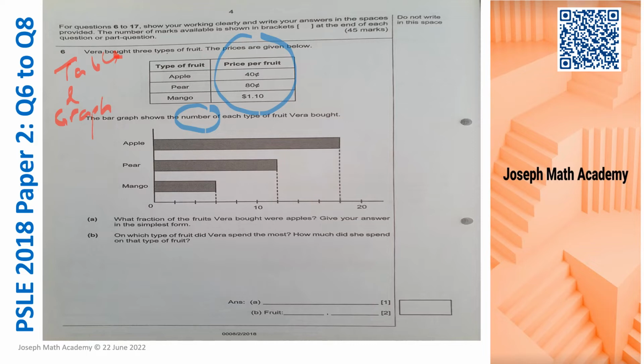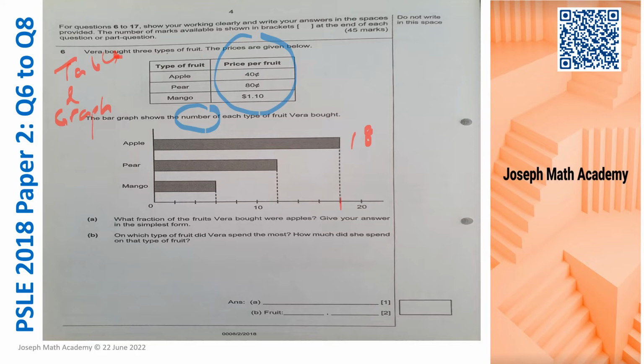Now let's read the bar graph. If you can follow carefully, this line here is actually pointing at the value 18. So Vera bought 18 apples. Now, how do I know?